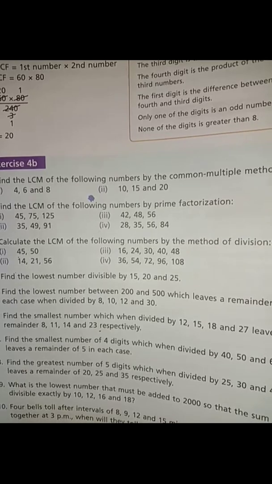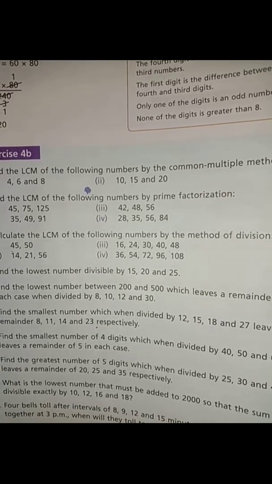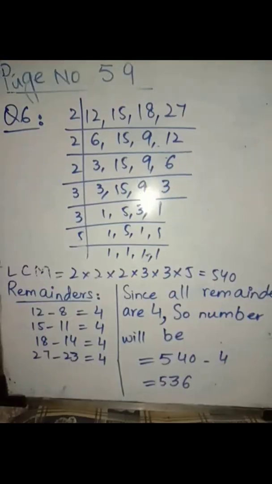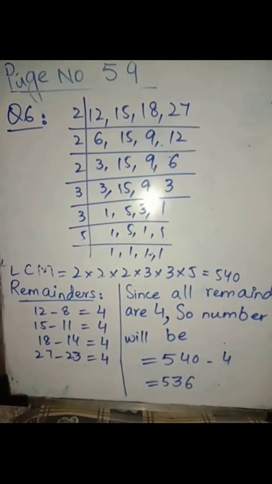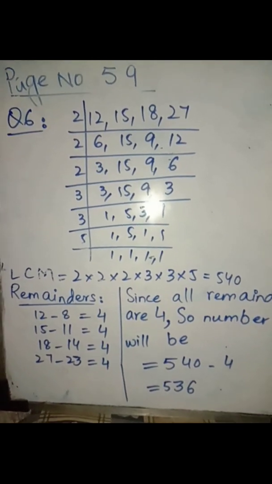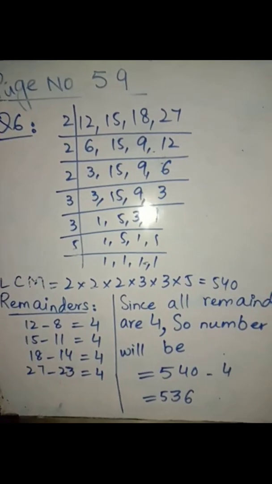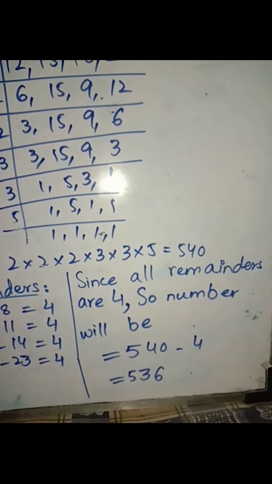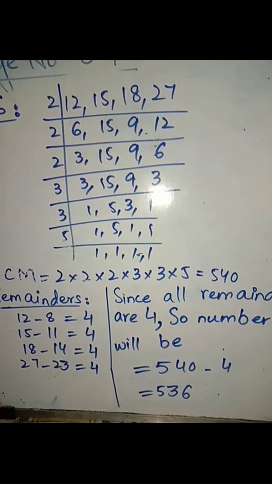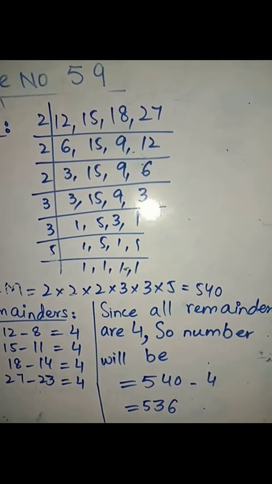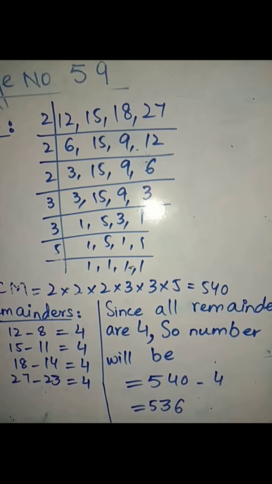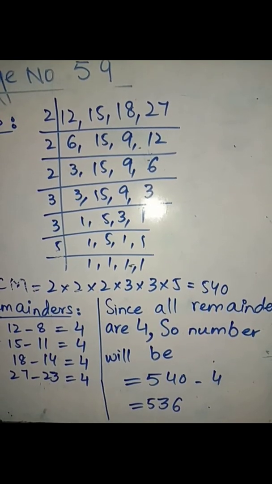By taking the LCM of 12, 15, 18 and 27, we got 540. Since all the differences between divisor and remainder are the same, which is 4, the number will be 540 minus 4, which is 536.